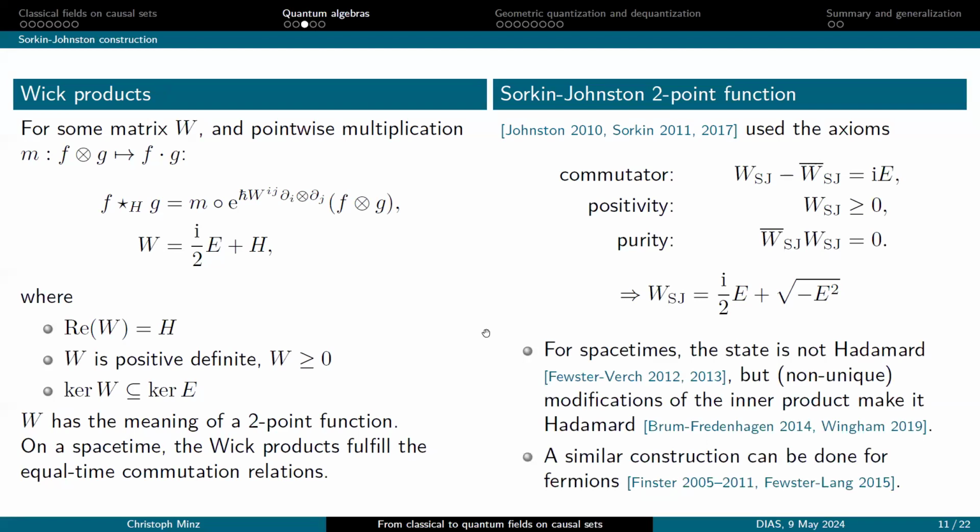And all of these constructions you can also do for space-time manifolds, but the states you would get from this construction there are not known to be Hadamard. So you would use this condition, but you can reinstate or fix that by modifying an inner product. Now you might ask, what is an inner product? Actually, in this purity condition, you are taking the product of two matrices.